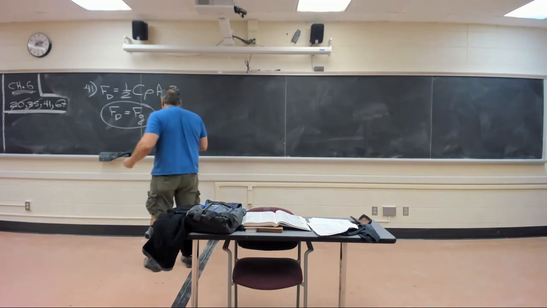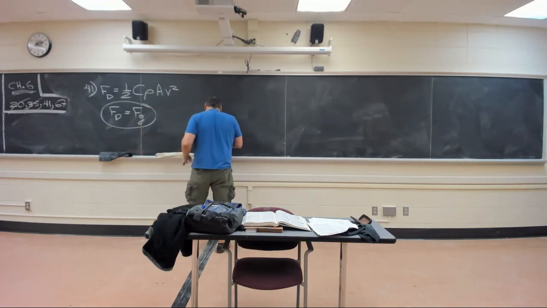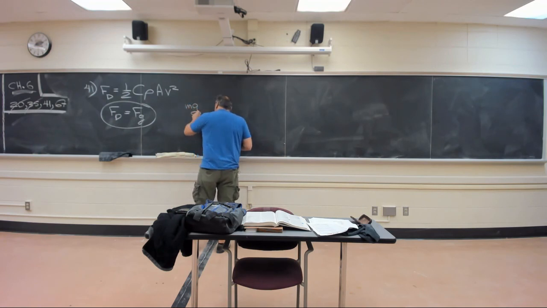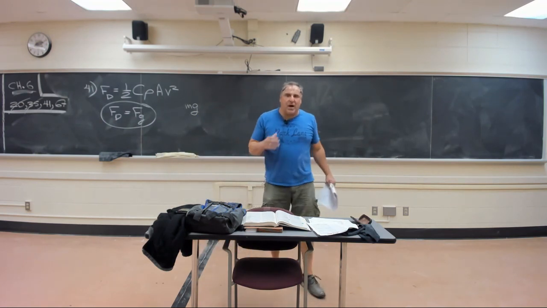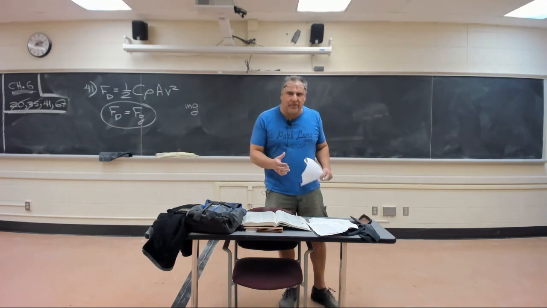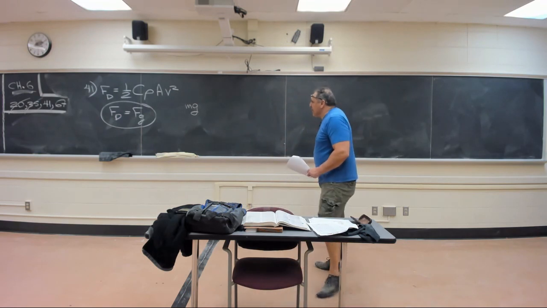The way it's set up, we have that here. We're going to say that the weight of the ball, now they said ignore the weight. Well, yeah, ignore the weight in some sense, but you've got to understand that there's a drag force and there's also the weight of the ball.